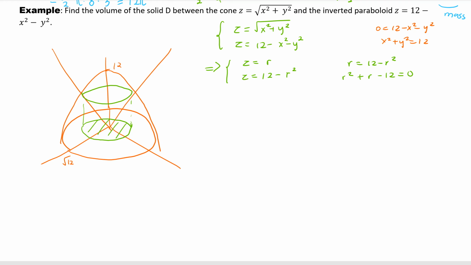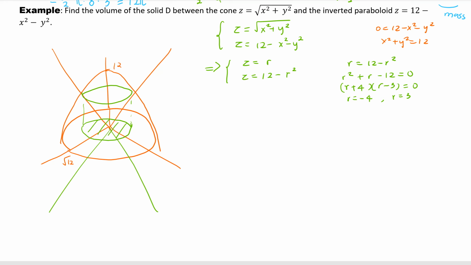Okay, so let's see. And this is r minus 3, r plus 4 equal to 0. This is r equals 3 or r equals minus 4. So actually, the cone does not only include the top cone, it could also include the bottom cone.